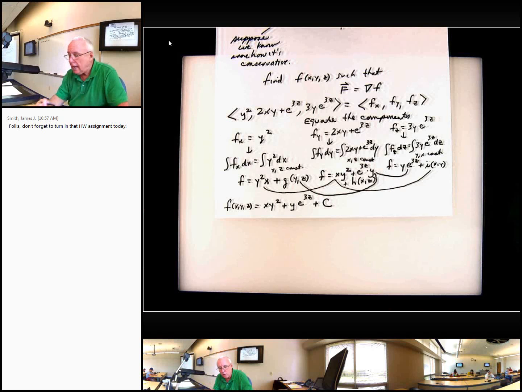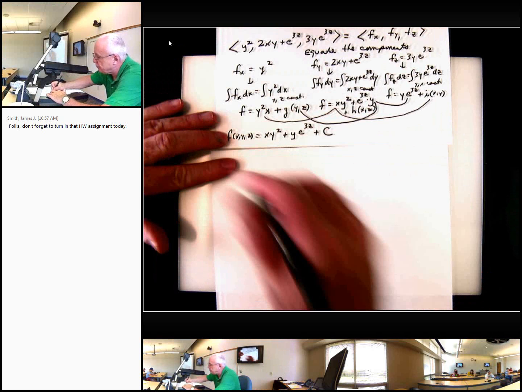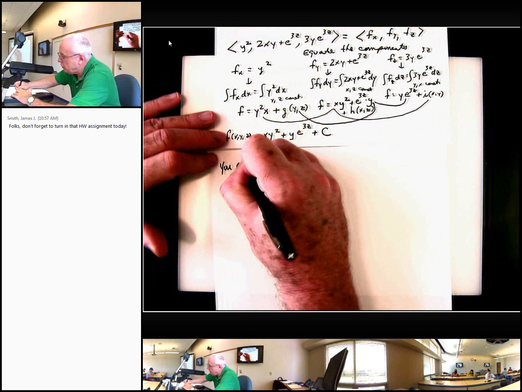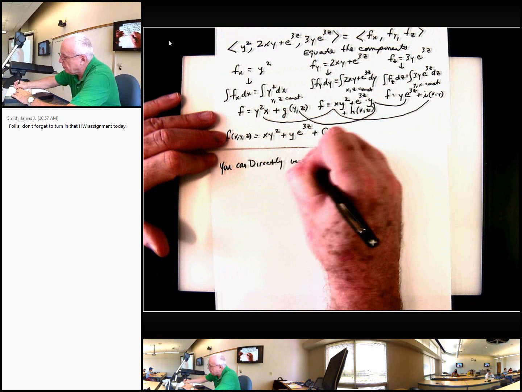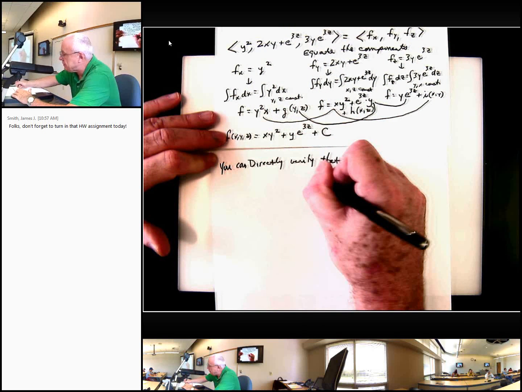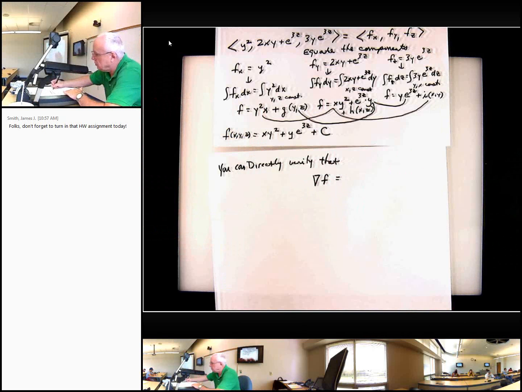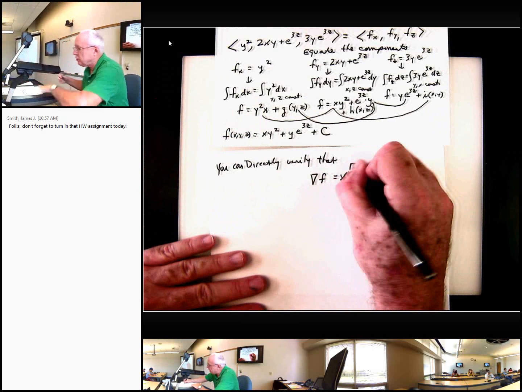All right. And basically then, if you need to, you can directly verify that the gradient of this function is equal to, let's just put our capital F function that we started with.